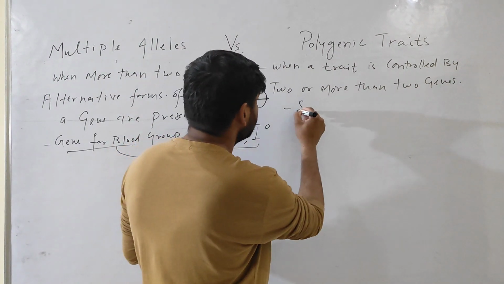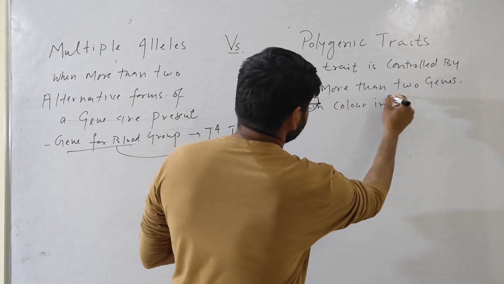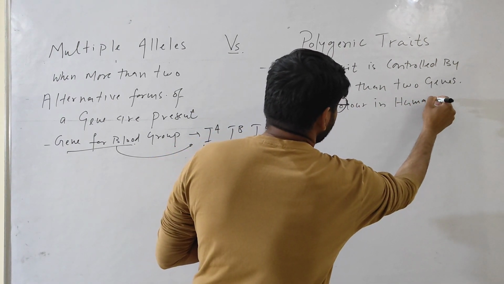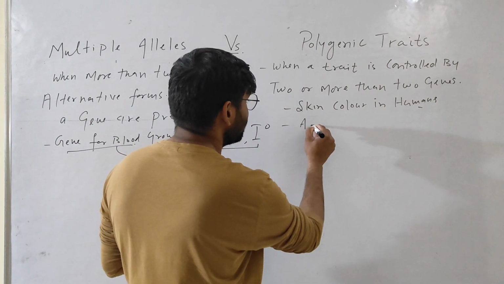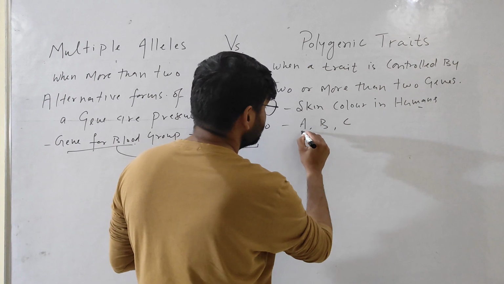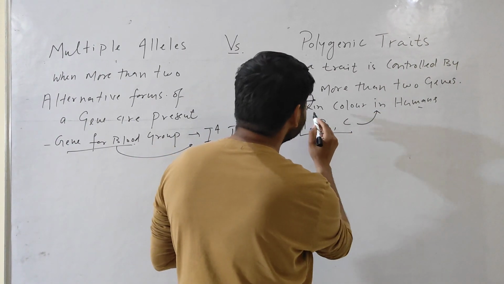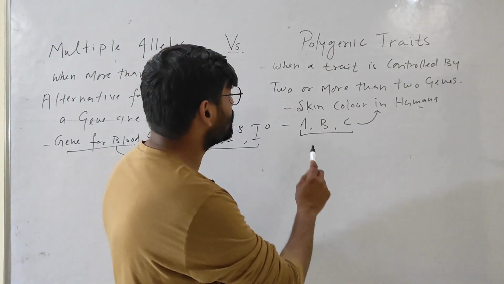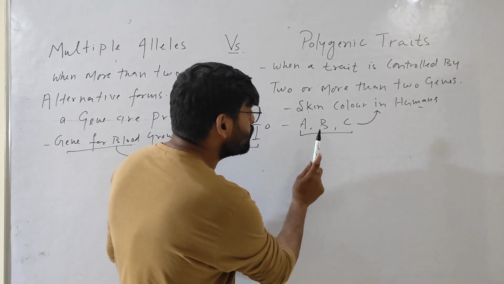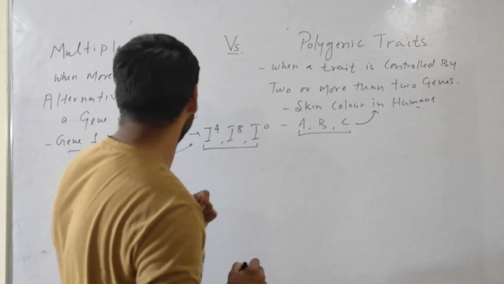For example, skin color in humans. In case of skin color, there are three genes: A gene, B gene, and C gene. These three genes determine skin color. So this trait, skin color, is a polygenic trait because it is controlled by three genes. So this is polygenic trait.